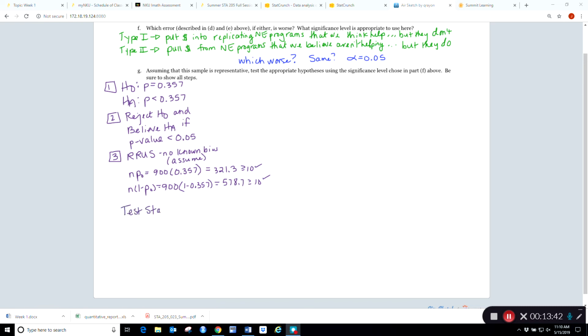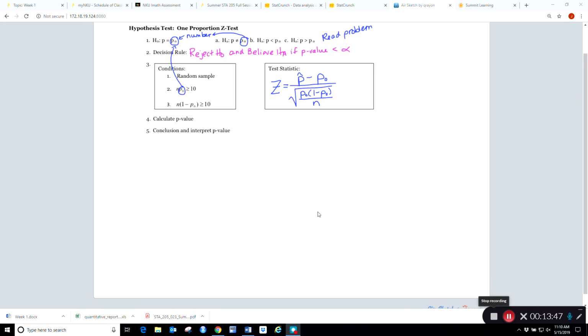Next, for step 3, I need my test statistic. So let's go back and look at that formula, which is on page 4 of your handout. So here's our formula. We have our p-hat from that pie chart, so that 0.3378 number. We have our p0, which is our 0.357, and we have our n of 900.